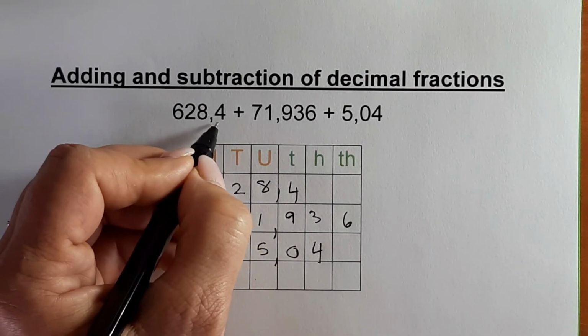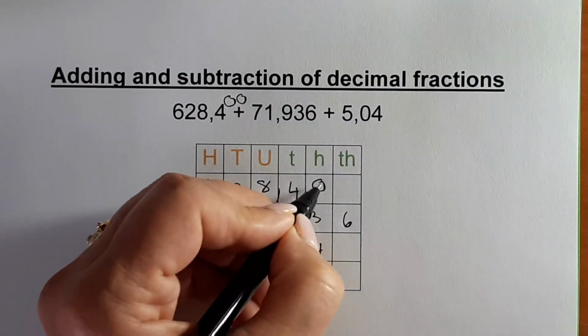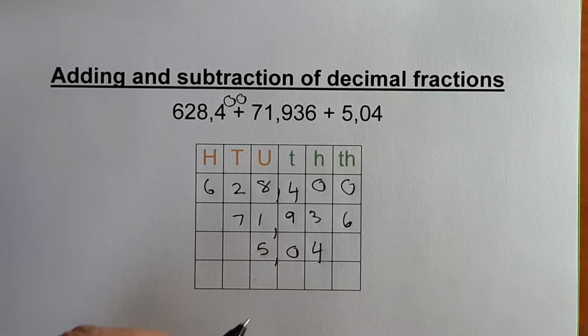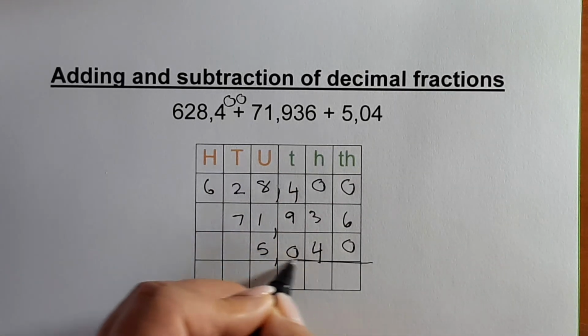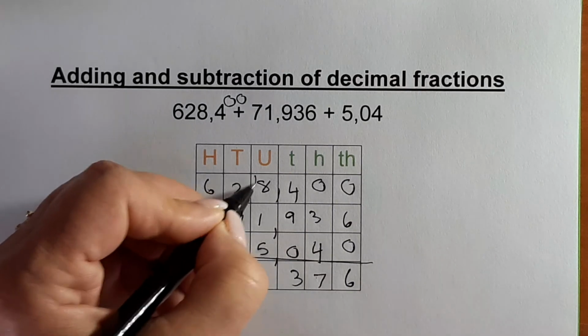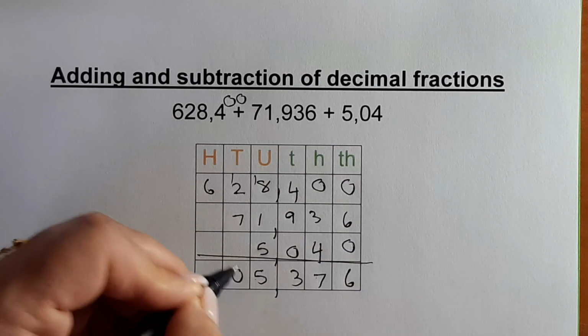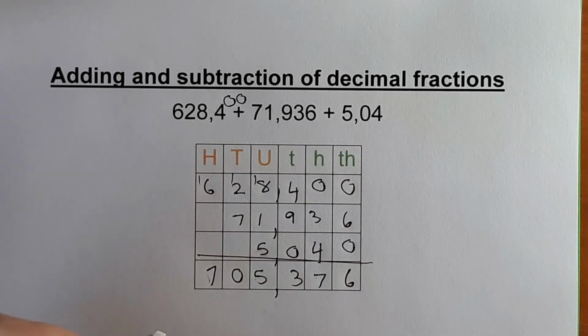This one has 1 place behind the comma. You can put 2 zeros behind it to indicate that there are no hundreds, no thousands, and then you add. So it gives you 6, 7, 13. You carry over 8, 9, 10, 15, and it's 10, it's 70.